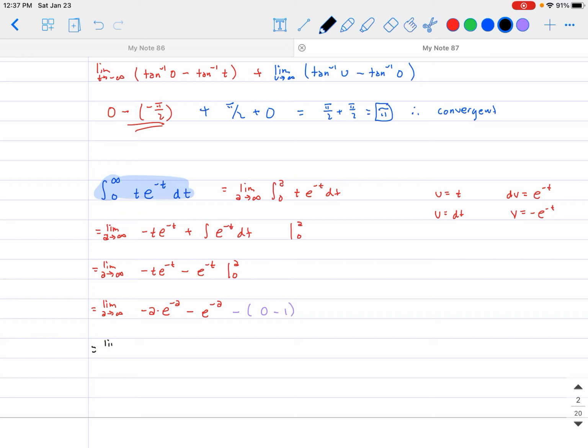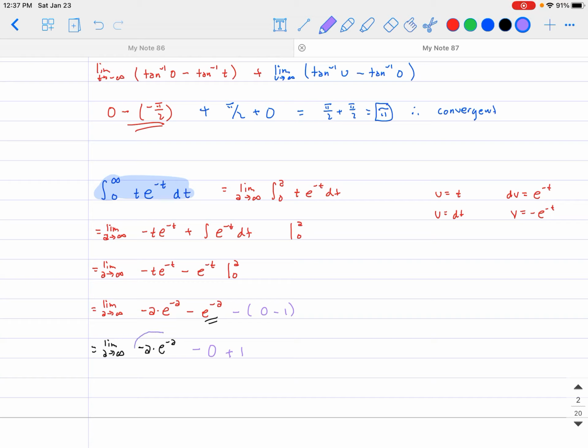So in the first one, limit as a approaches infinity of negative a multiplied by e to the negative a. The second part is not too bad because we've seen what this is. As a approaches infinity, e to the negative a is going to give me 0. So we can go ahead and make a substitution for that. So that's going to be minus 0 plus 1 in this case.